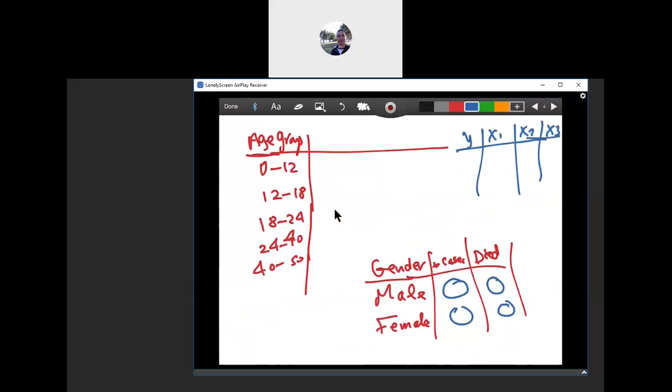These are the independent variables, and this is the dependent variable. In this case, I have a multilinear regression, if you remember this one.